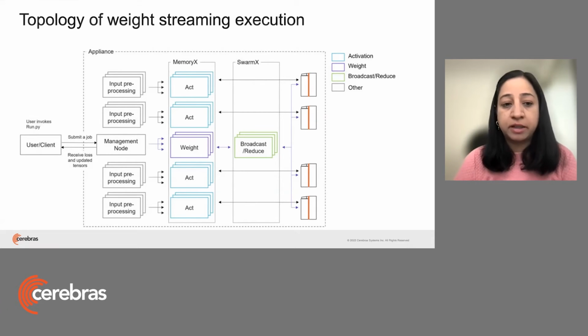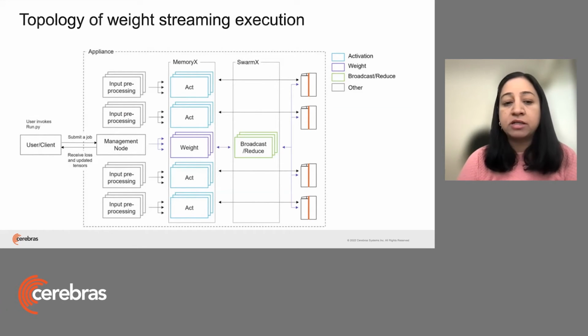But what comes inside the appliance is the very first step of multiple servers doing input pre-processing for all the input data. There's a management node. Again, all the internal orchestration management for our appliance is through Kubernetes. But again, it's internal to the appliance and the user doesn't need to know anything about Kubernetes here. So the management node will manage the MemoryX as well as the SwarmX.